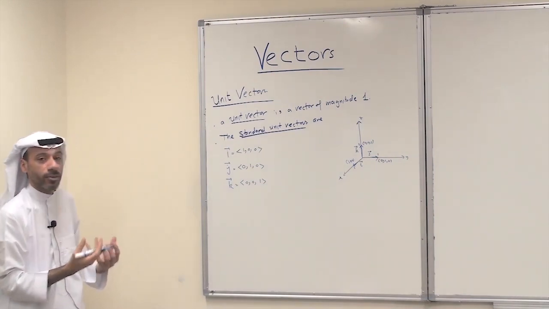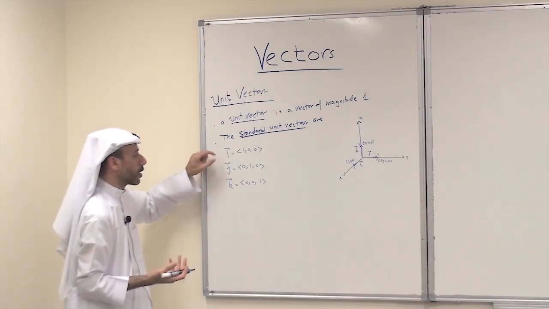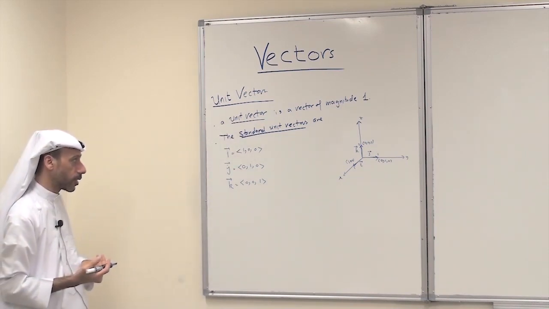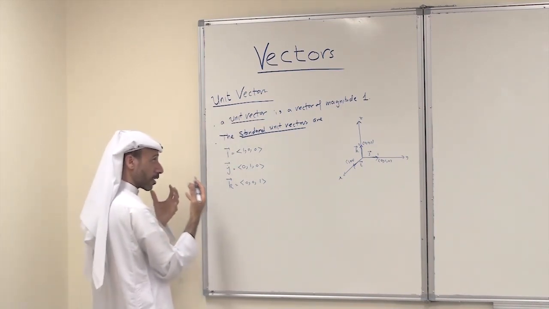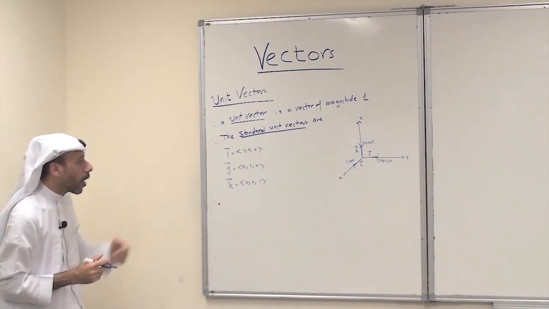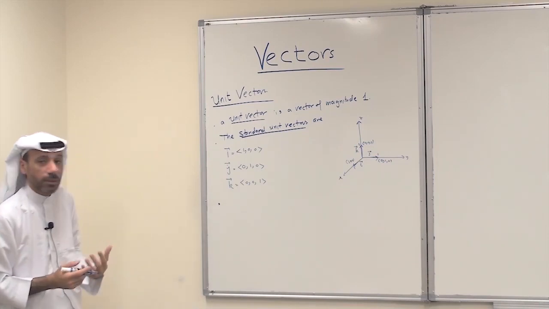These are the standard unit vectors. It is very simple to see that the length, or the magnitude, of each one is just 1. These are the basic ones, and they are very important in fact. Why are these vectors important?